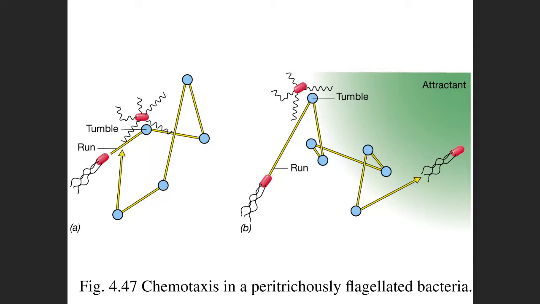So the key here is that the bacteria somehow keeps spinning the flagella in one direction for 5 seconds, and then it will spin in the other direction for an equal amount of time.